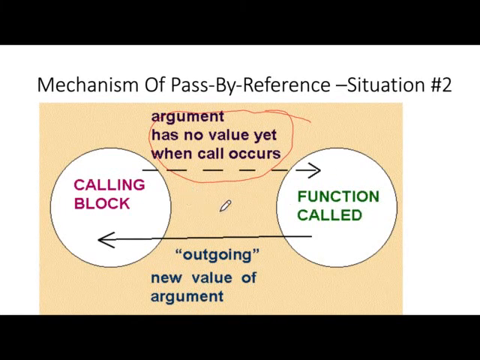But unless you populate that variable in the function called, it's going to stay garbage, but you do have a choice of putting a new value in there. And then the variable that came unpopulated here gets populated and the value is changed in the calling block.